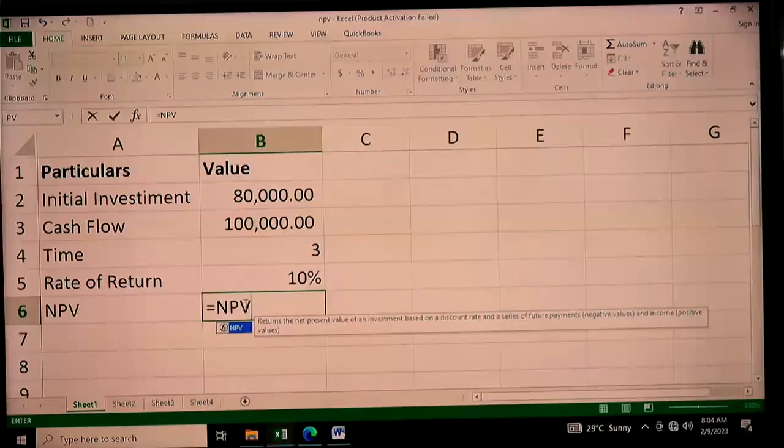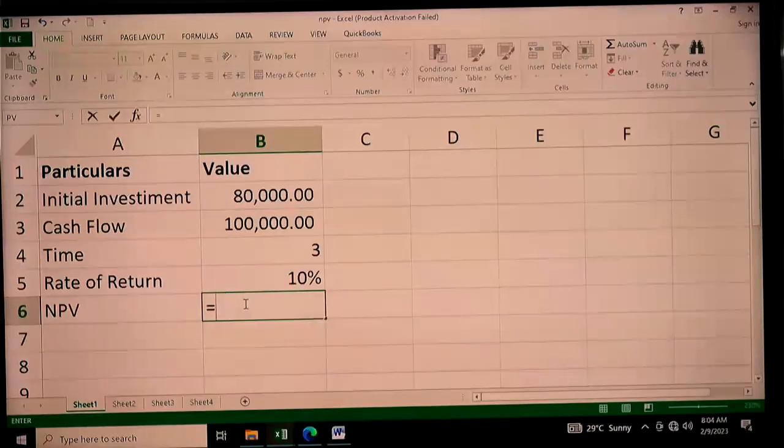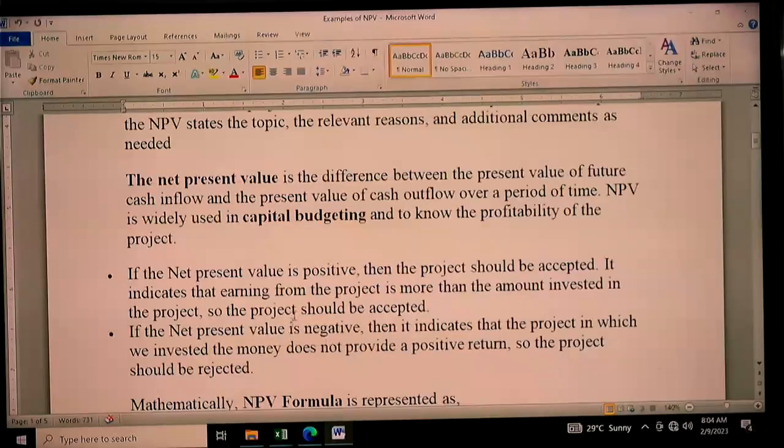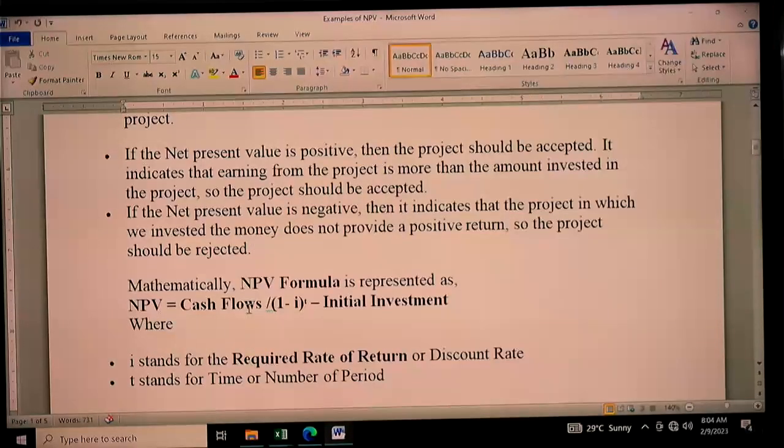Here, you don't have otherwise, but to use the net present value formula. So here, this is my formula. I know you have your formula and you have been using it. I've simplified this formula in this manner: we have the cash flows divided by (1 plus i) to the power of t, minus the initial investment.